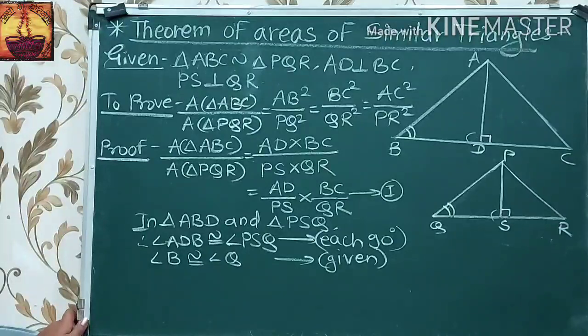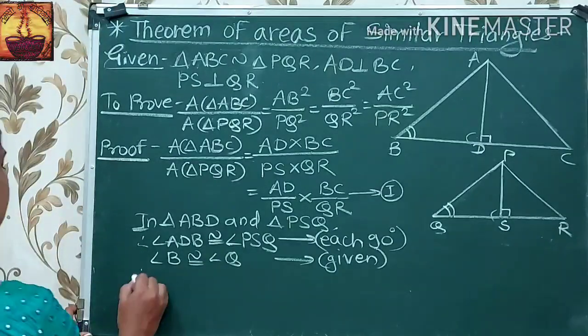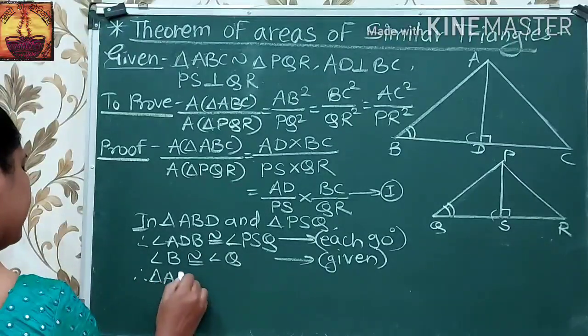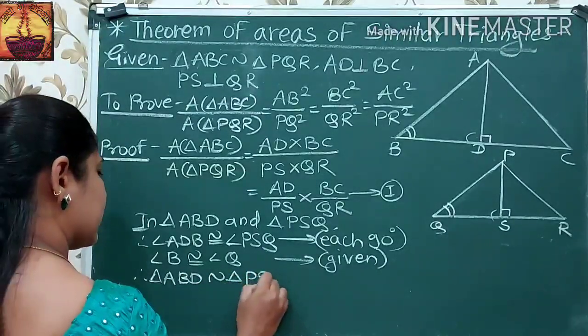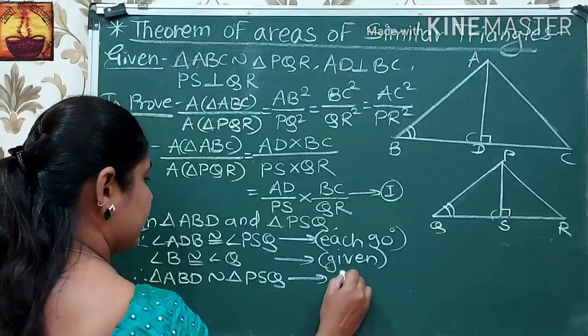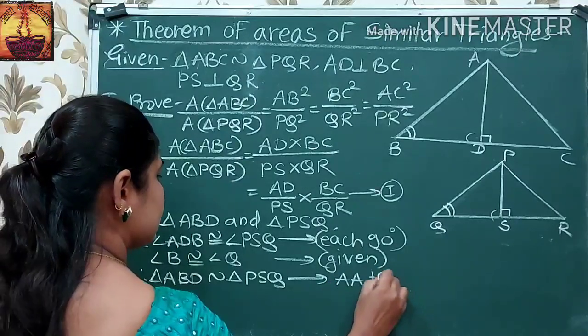Therefore, triangle ABD is similar to triangle PSQ by the test of similarity.